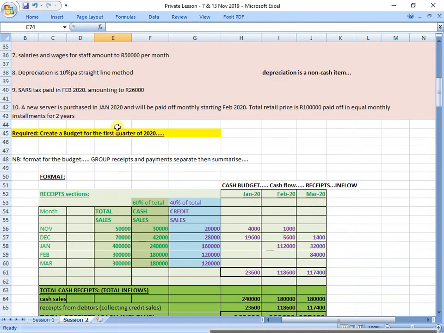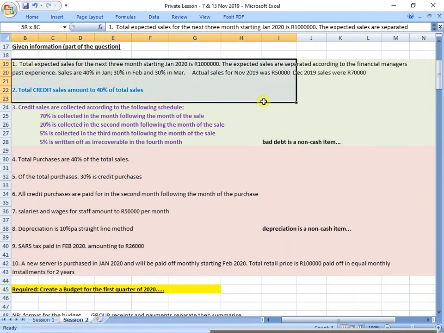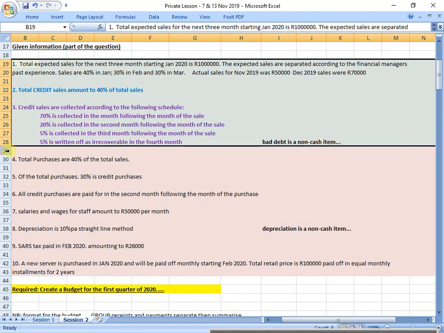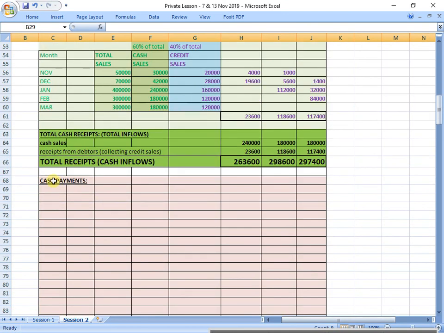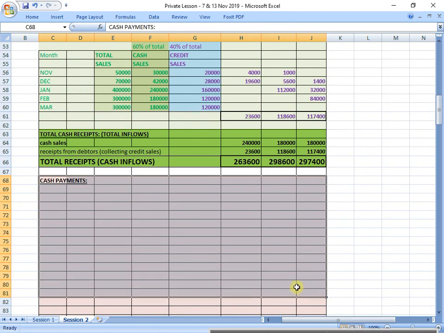Okay, earlier we spoke about the information. This related to our receipts. This relates to our payments. Right, so all of this stuff here at the bottom is going to relate to this section here in the budget, the cash payments.